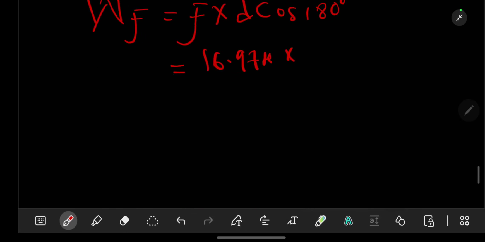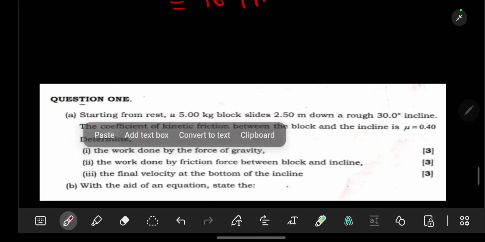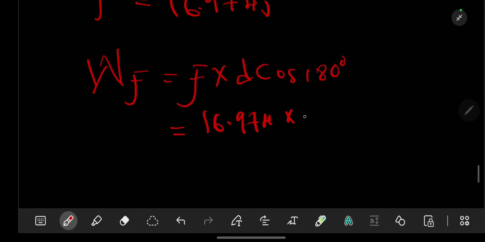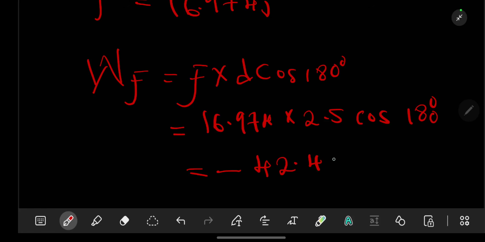So we put 2.5 by the cosine of 180 degrees. This gives us, because of the cos of 180, negative 42.44 joules. So that is the work done by the friction.